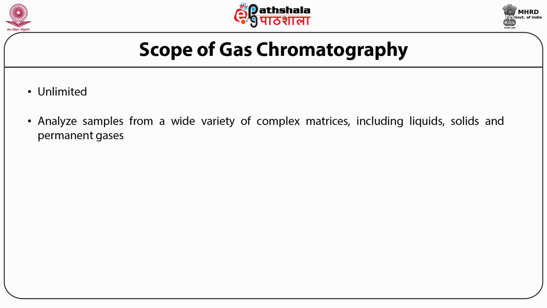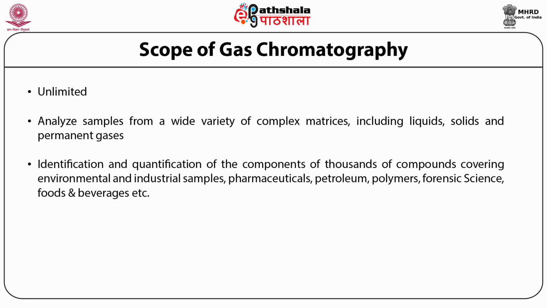Gas chromatography is of incredible use in identification and quantification of the components of thousands of compounds covering environmental and industrial samples, pharmaceuticals, petroleum, polymers, forensic science, food and beverages, etc. The application is further extended according to choice of columns, detectors, system modules, and use of hyphenated techniques such as gas chromatography mass spectrometry, GCMS, gas chromatography Fourier transform infrared spectroscopy, GCFTIR, etc.